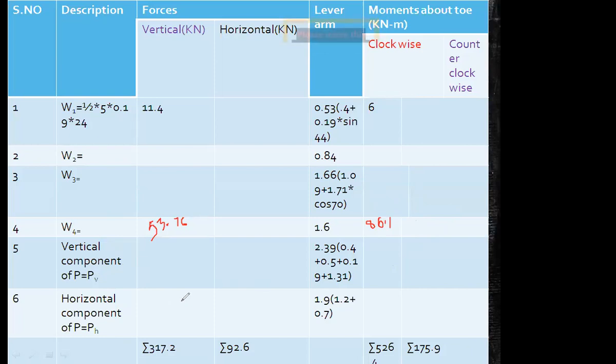Okay, so how much did we get the vertical component to be? Vertical component ఎంత వచ్చిందండి మనకి?